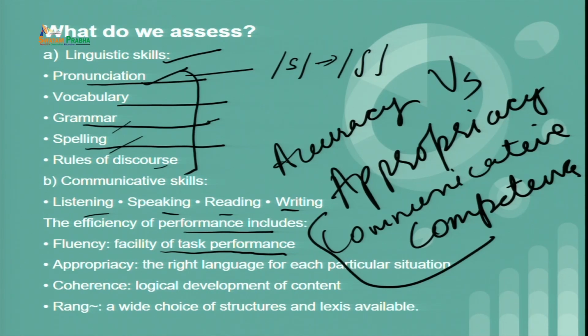Then one sentence is connected with the other, which is ultimately the reflection of coherence, that is, the logical development of the content. And then a wide variety of structures, and there is a variation which exists. One sentence is simple, the other could be compound, and you could find complex sentences.